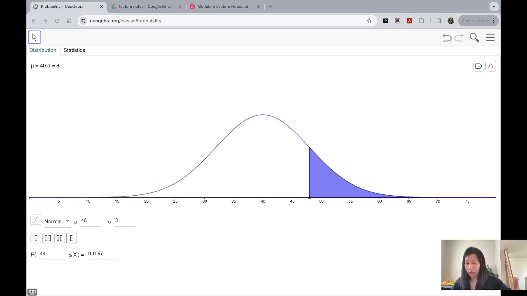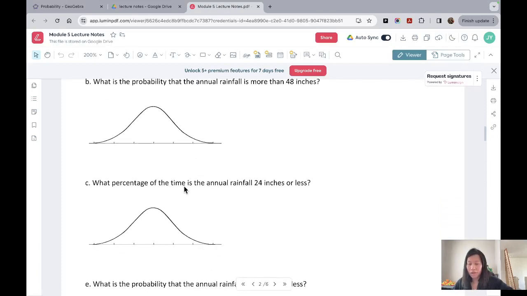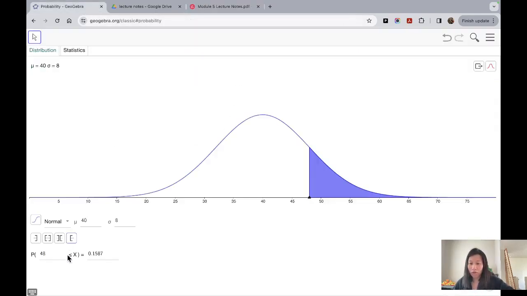So that's why you will see that when the rainfall is more than 48 inches, it's going to be 15.87%. And then we keep going with C, what is the percentage of the time the annual rainfall is 24 inches or less. So we want it to be less.